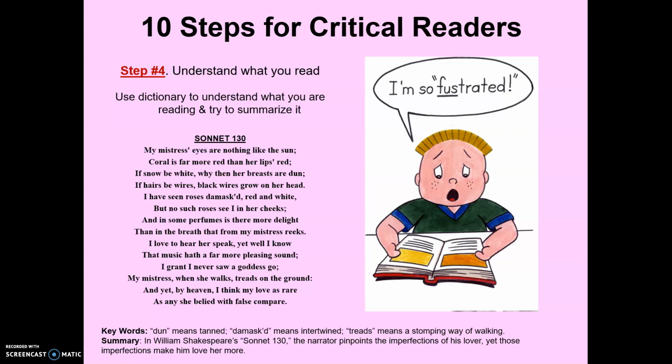It is her imperfections that allow him to love her even more. That is really romantic. I don't know about you guys, but that's super sweet. And the only way that you can understand it is by reading it carefully and making sure you fully understand the words, the phrases, and the references that Shakespeare makes.